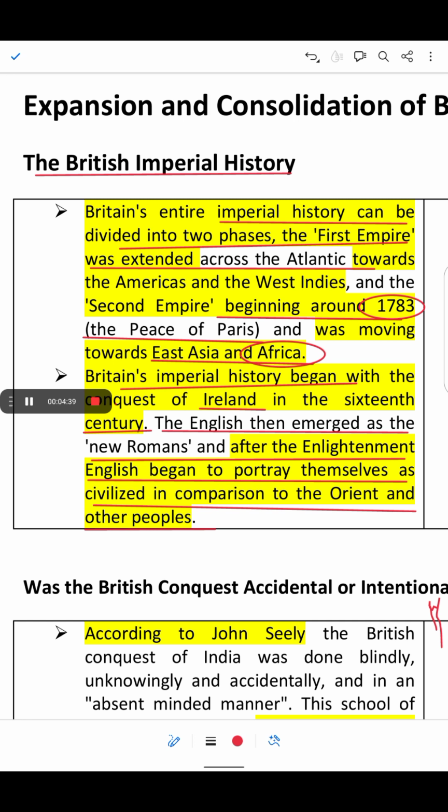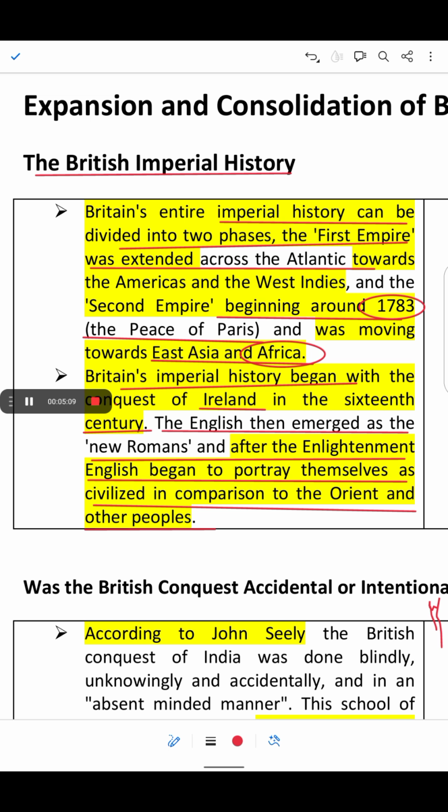They saw a parallel between their growing empire and Rome's dominance. Just like in those days Rome was the symbol of civilization and order, they viewed their empire as a force for bringing progress to other regions, just like Rome. So they called themselves the New Romans.